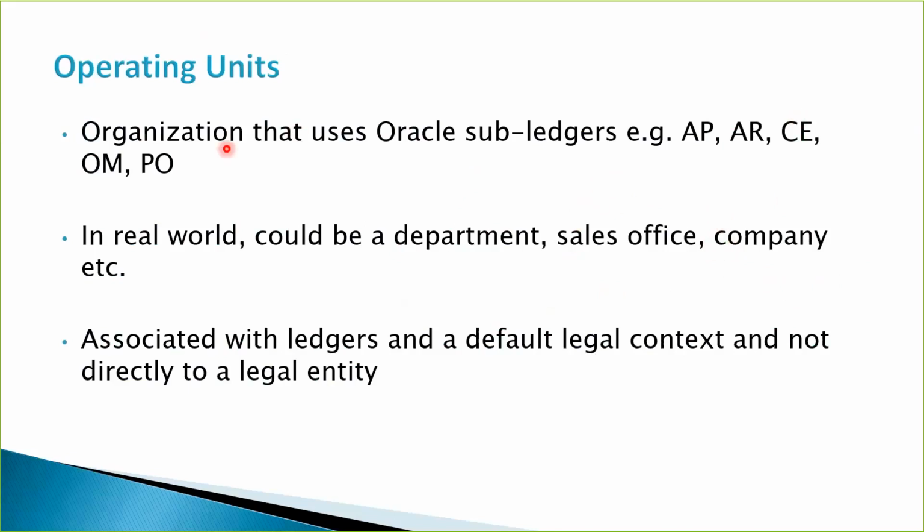So operating unit can represent different things in the real world, but basically all of those real world entities are places where financial transactions take place, i.e. places where these subledger modules are being used, because these subledger modules are the ones that support where the financial transactions with clients, with customers, and with vendors are recorded.